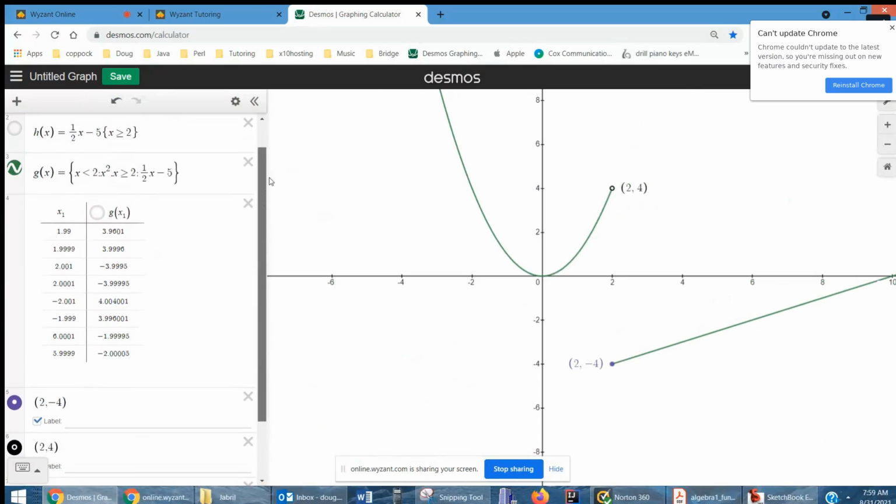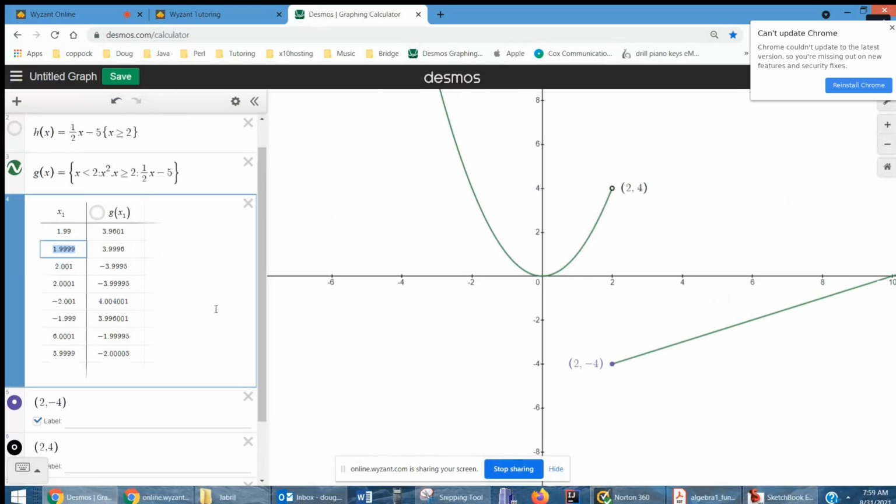Now let's use this little table here to talk about the limits. As x approaches 2 from the left, that's numbers like this, 1.99, 1.999. We're getting closer and closer to this value 4, because see, we're coming in from the left of 2. So the y values are getting closer and closer to 4.